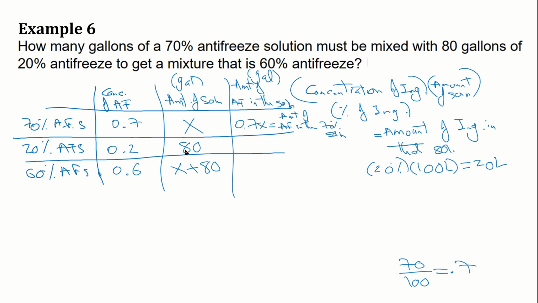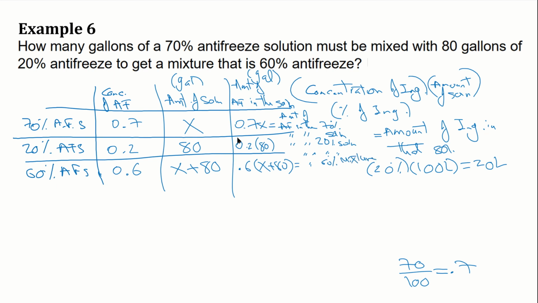When I multiply these two, the 0.2 and the 80, remember, that's going to be the amount of antifreeze in the 20% solution. And when I multiply these two, 0.6 by quantity x plus 80, that's going to be the amount of antifreeze in the 60% mixture, right?